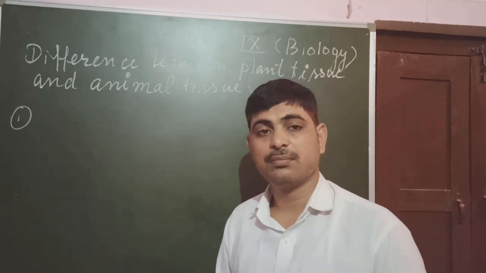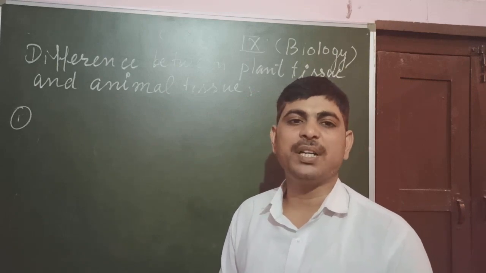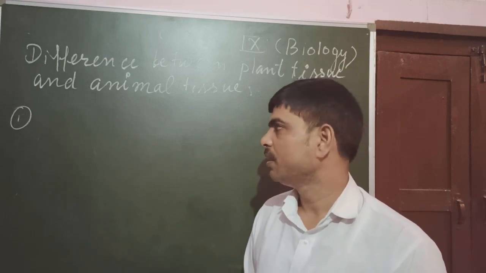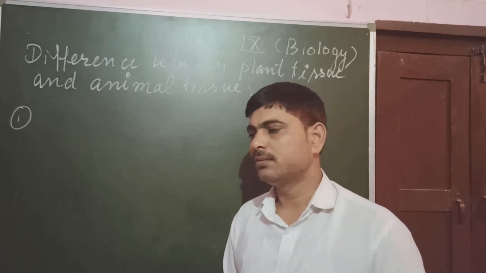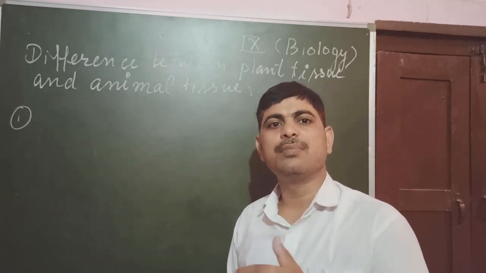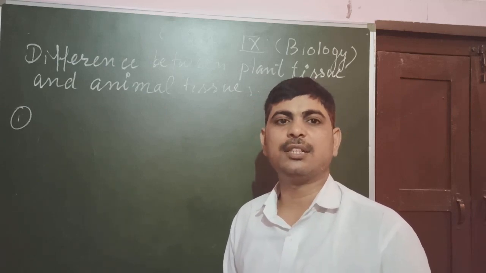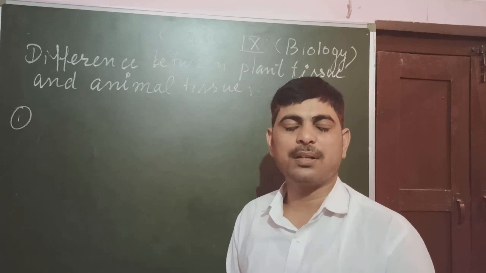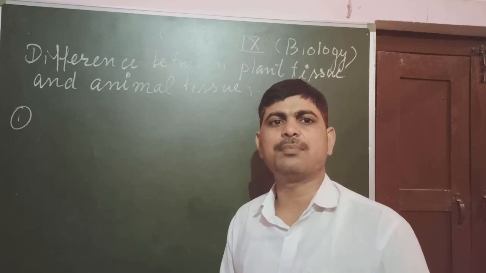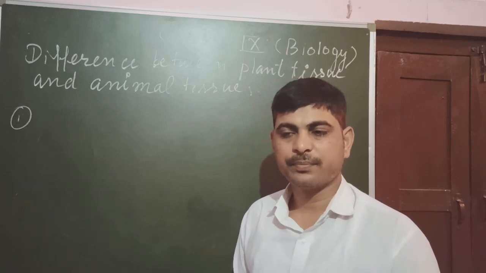Like the muscle tissue, its work is to bring the movement in the body of organisms. Okay. Second thing, animals move from one place to another, so their energy requirement is more in comparison to plants. So most of the cells in animals are living. Okay.